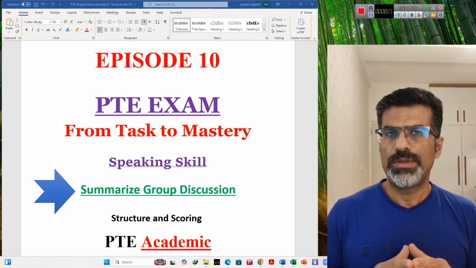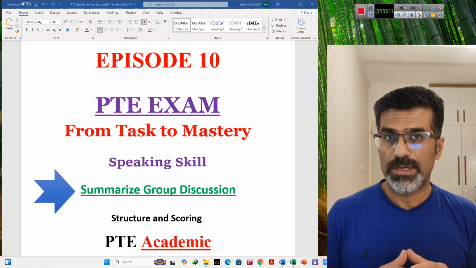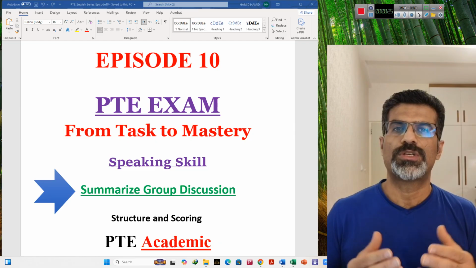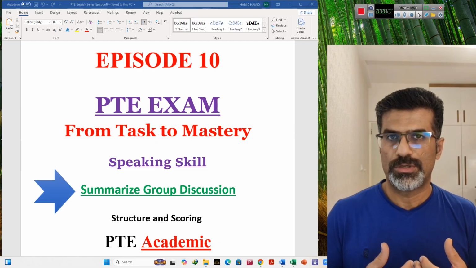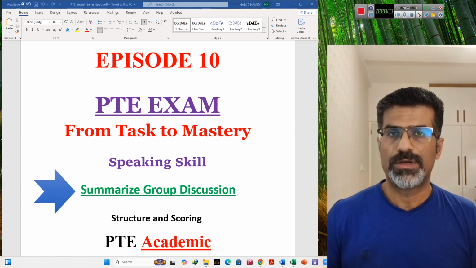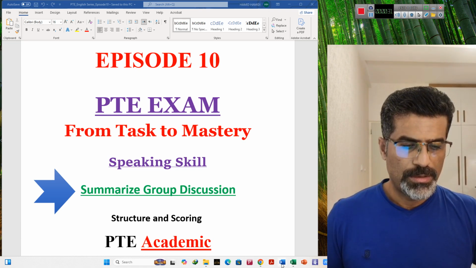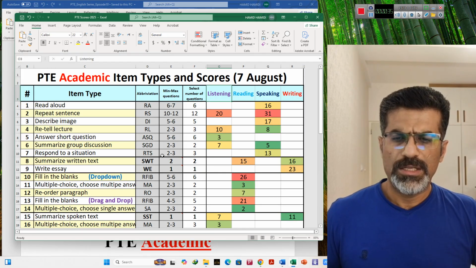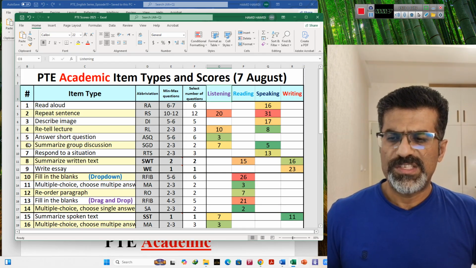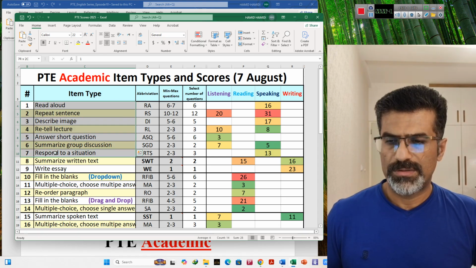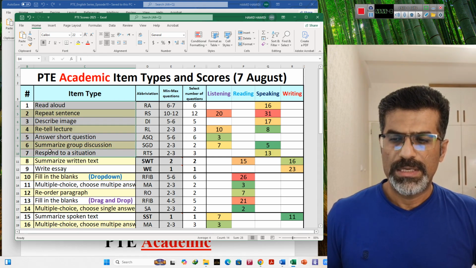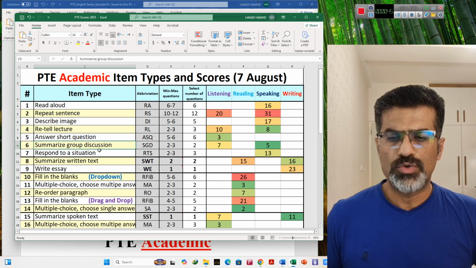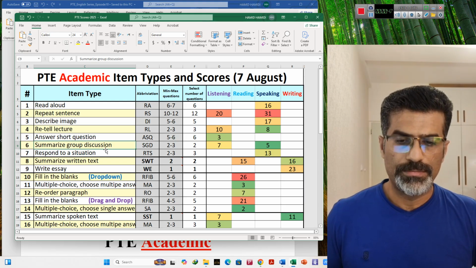This task only exists in the PTE Academic exam for those who want to immigrate to Australia or continue their education in different universities around the world. Let's take a look at the table of scores. In the PTE Academic exam, the sixth task out of 7 tasks in the speaking scale is called the Summarize Group Discussion Task or SGD.